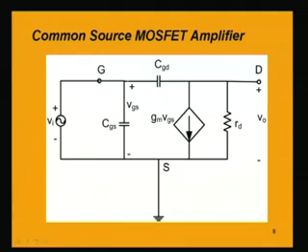Now, if we look into this circuit, it reminds us of the circuit that we considered for BJT amplifier in the high frequency response case. So, here actually we are having a capacitance between gate and drain, CGD, because of which this circuit is posing a problem for analysis.